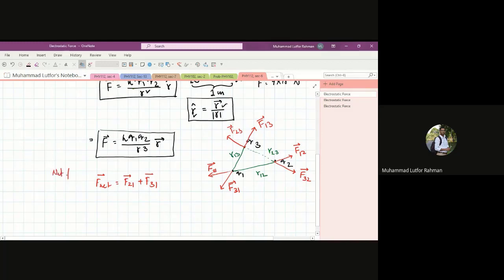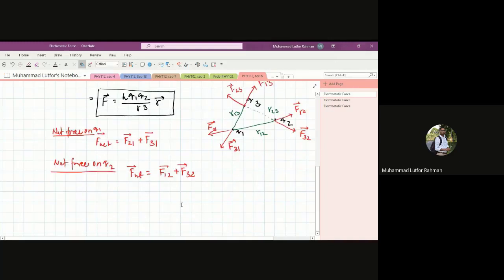Same way, the net force on Q2 you can write, I'm sorry, it should be vectorially, F12 plus F32.